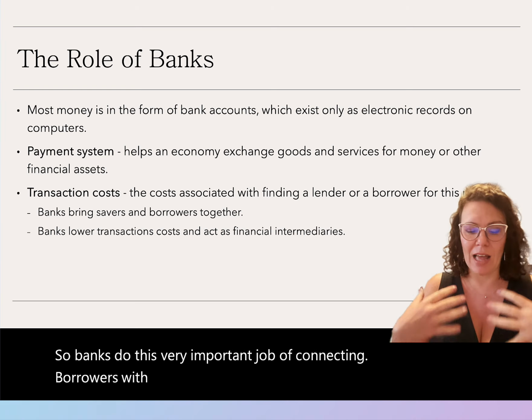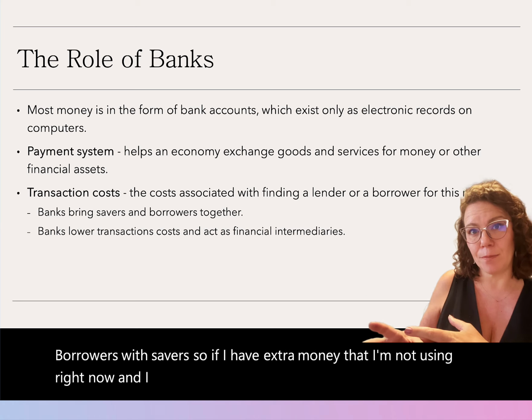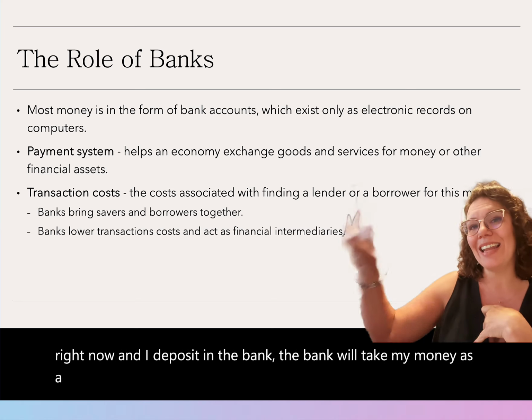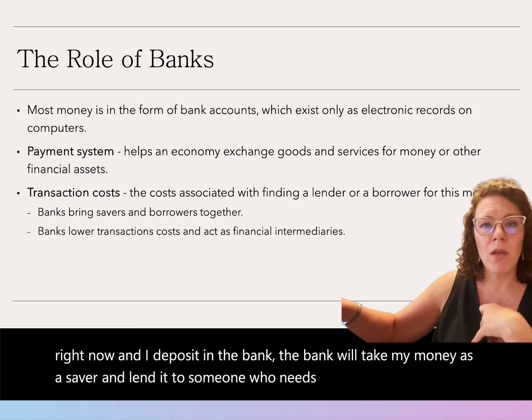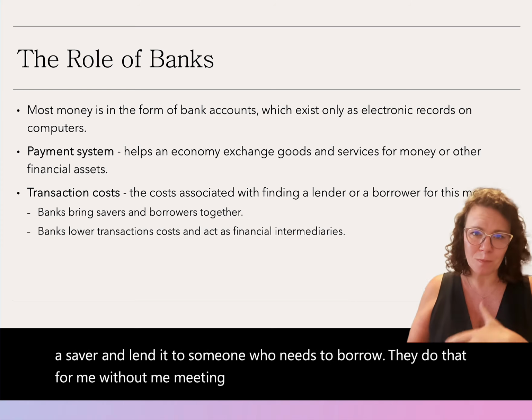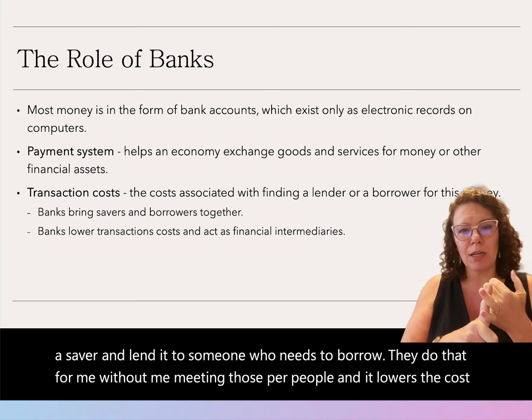So if I have extra money that I'm not using right now and I deposit it in the bank, they will take my money as a saver and lend it to someone who needs to borrow. They do that for me without me meeting those people, and it lowers the cost of finding a lender, finding a borrower, those kinds of things.